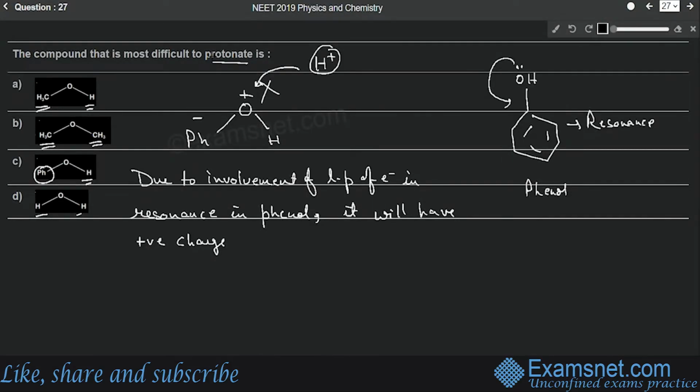What will have positive charge? Oxygen. Here we are talking about oxygen. Oxygen will have partial positive charge. Therefore, the incoming proton will not be able to attack.